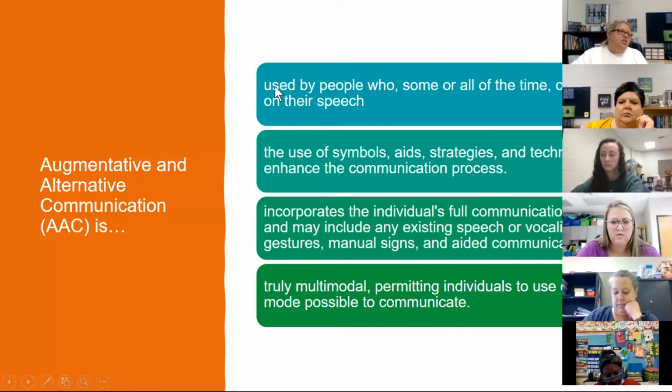So now we're going to go on with our communication. AAC, augmentative and alternative communication, is anything other than just naturally speaking, another way to communicate, an alternative form of communication. It's used by people who, some or all of the time, cannot rely on their speech.